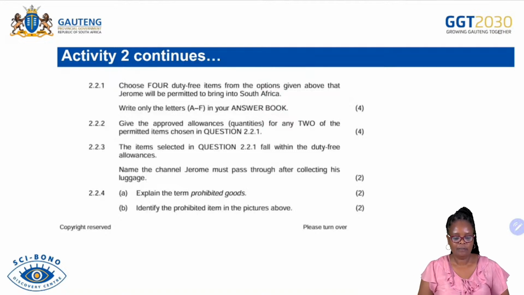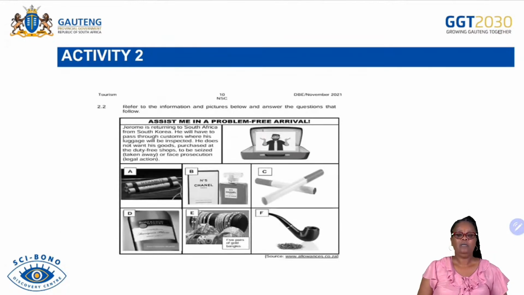Okay, time up. Number B, identify the prohibited item in the pictures above for 2 marks. So we'll go back to the pictures whereby you'll have to identify them.